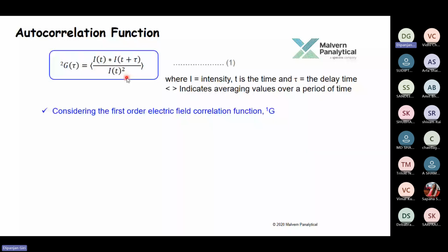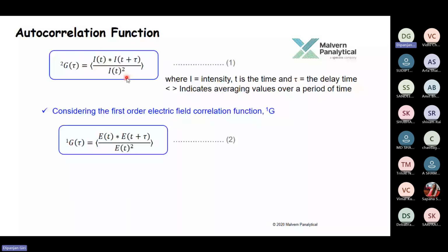Now if you consider the first order electric field correlation function, g1, this electric field is nothing but the electric field of the scattered light that we are getting, and I is the intensity. This first order electric field correlation function is defined as follows. You can see here.